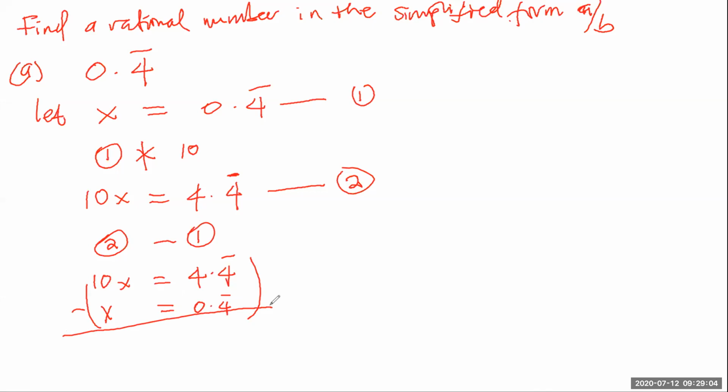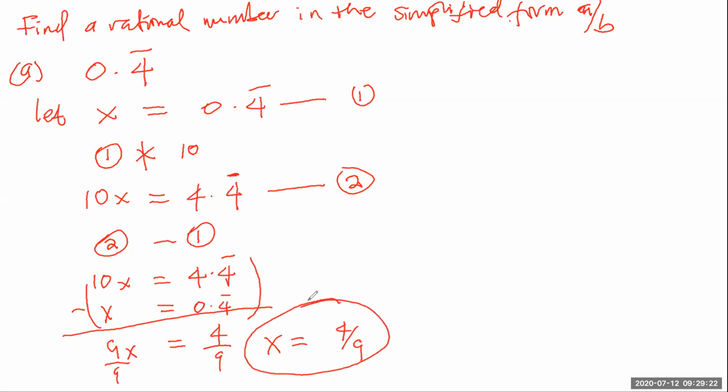This is going to give you 9x, and this gives you 4. Now you divide both sides by 9, and your answer is 4 over 9. So if you do 4 over 9, it will give you 0.444444. So the fraction that gave us this number is 4 over 9. And that is how you go about it. Sounds good? All right.